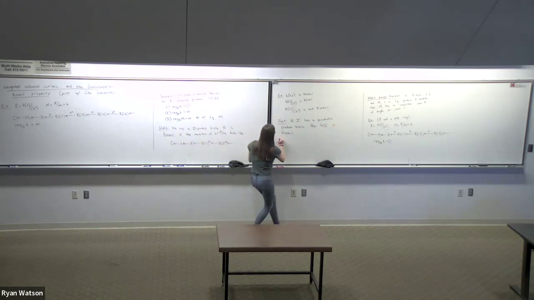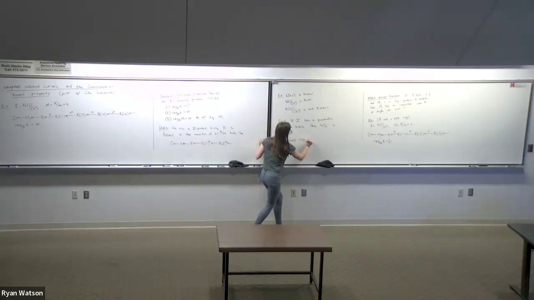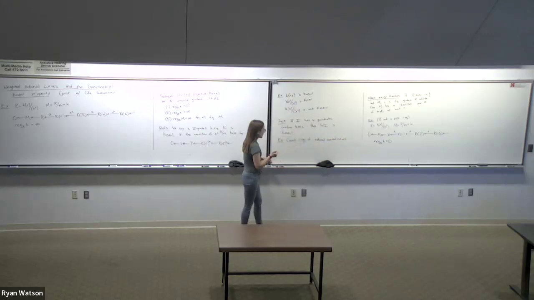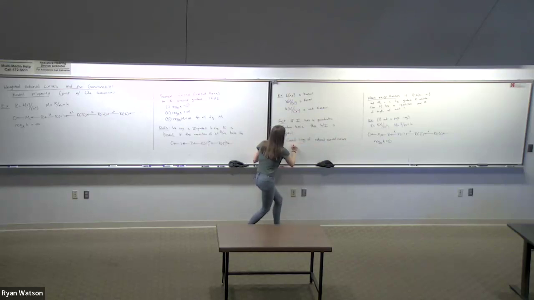So, for example, the coordinate rings of rational normal curves, like the twisted cubic that we saw, these are Koszul.